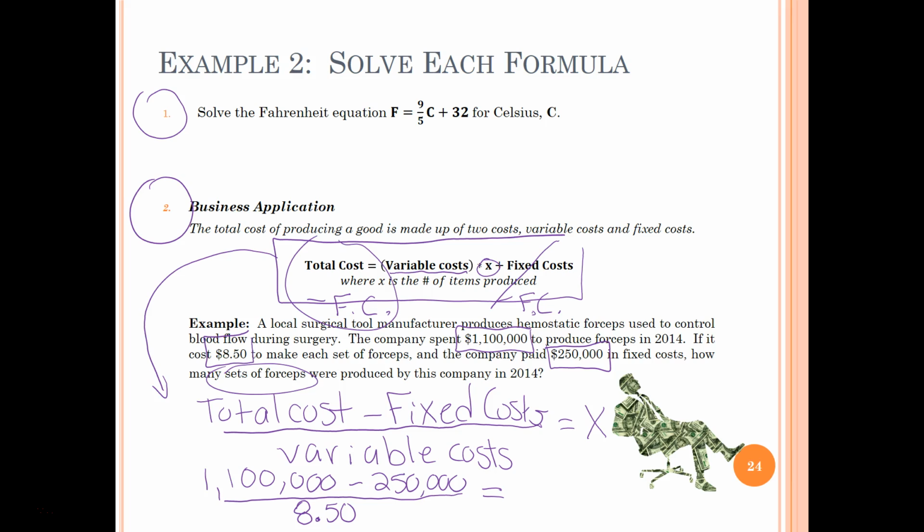And I'm going to grab my calculator to check my results. And when you work this out, you should get a value of 100,000. It's always good to express this with the right unit. We're not looking for dollars here, but instead sets of forceps. So 100,000 sets of forceps were produced in 2014 based on these numbers. All right, moving on.